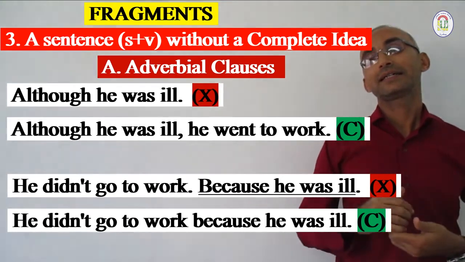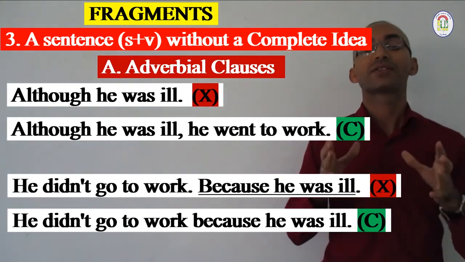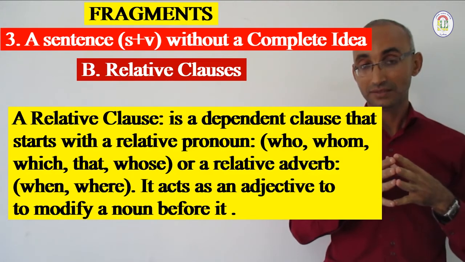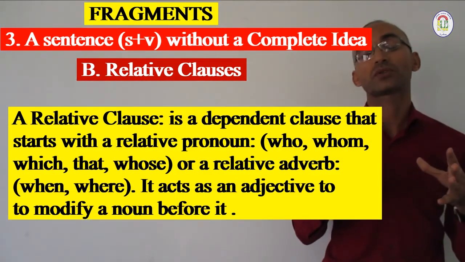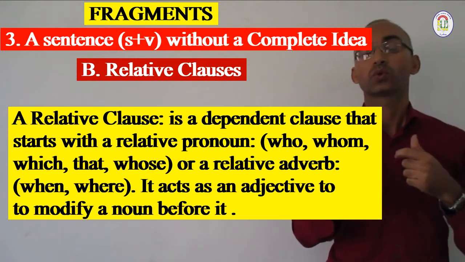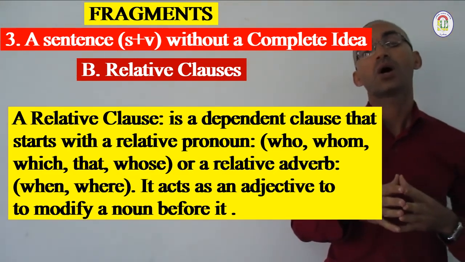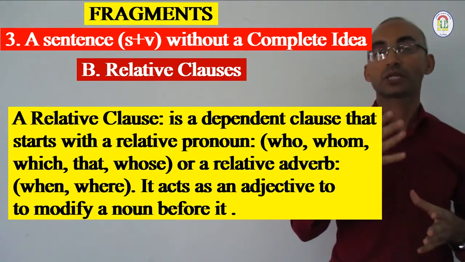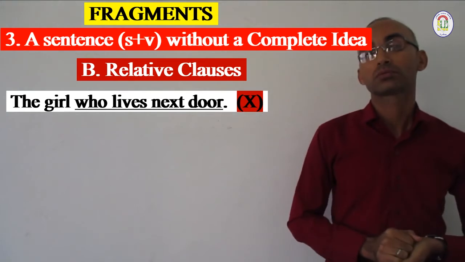Also, the second case with incomplete meaning for the fragment is the case of the relative clause, a clause which starts with a relative pronoun, who, which, whose, that, whom, and so on, or also a relative adverb like when and where. Example: "The girl who lives next door."